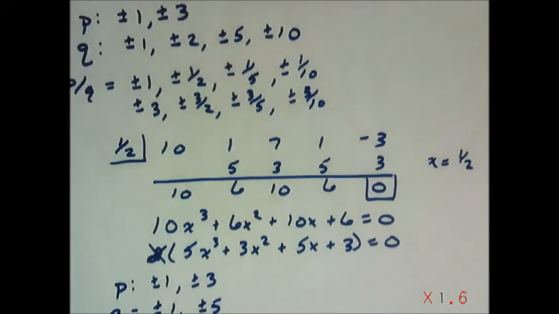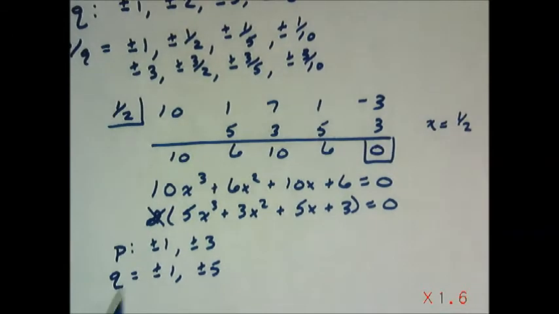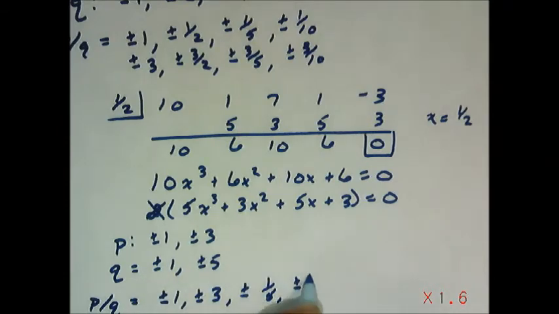Notice the nice thing with this is that the number of p-values and q-values has reduced from our quartic. So we don't have as many to try. So let's take our p's and divide them by q. We end up with plus or minus 1, plus or minus 3, plus or minus 1/5, and plus or minus 3/5.